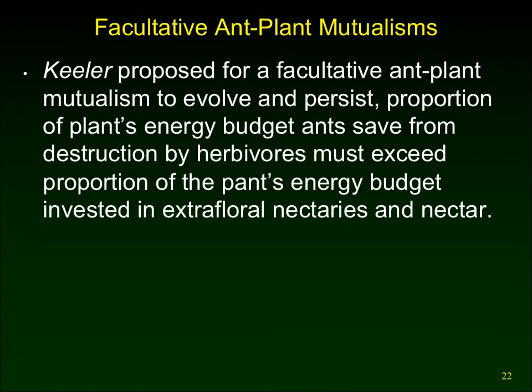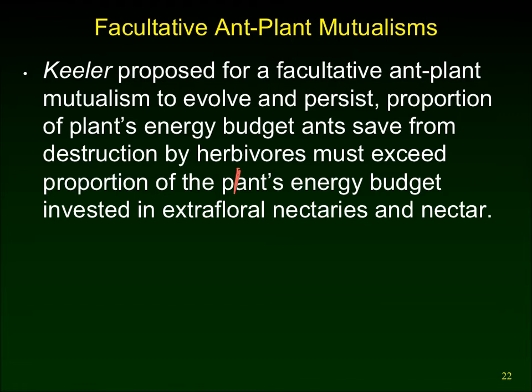Keeler also proposed that if a facultative ant-plant mutualism evolves and persists, the portion of the energy budget from the ants that saves the plant from destruction by herbivores must exceed the proportion of the plant's energy budget invested in the extrafloral nectaries and the nectar.